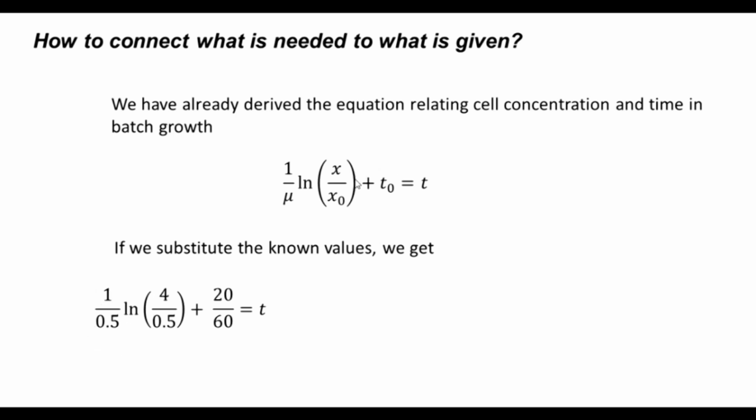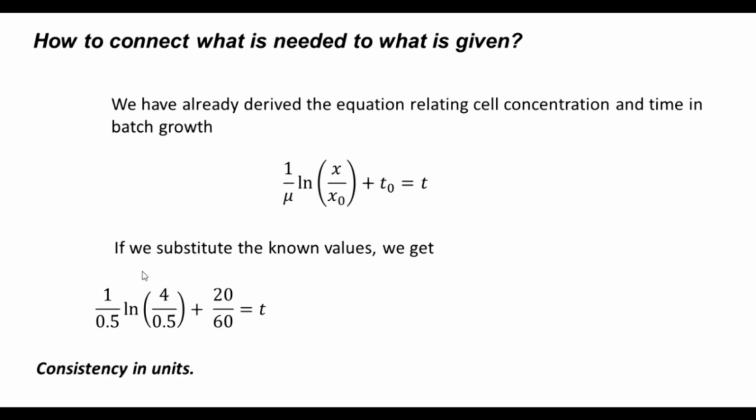And our specific growth rate was in hour inverse. So we need to work with a consistent system of units. In other words, the units of each of these terms must be the same. If you check that, we will need to convert the 20 minutes into hours, and therefore we are dividing that by 60. 20 minutes by 60 minutes per hour is 1/3 hour. That equals the time that is required.